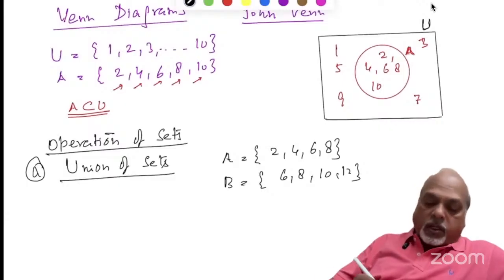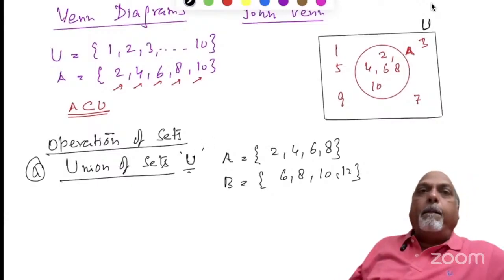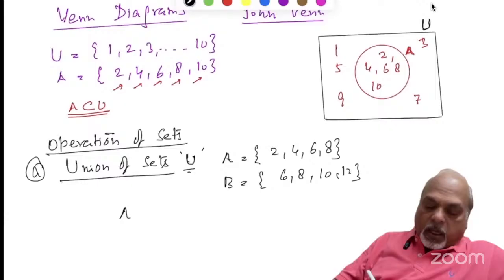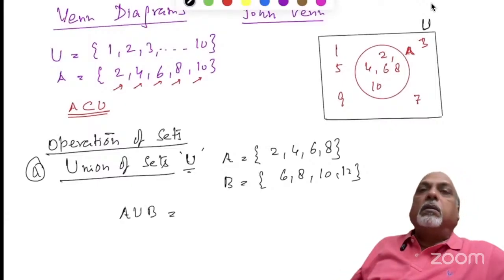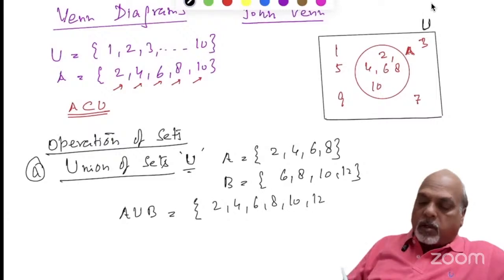So union is denoted by this symbol. So A union B will be what? Whatever elements are there in A and B, we have to write all those elements. That is the union: 2, 4, 6, 8, 10, 12.